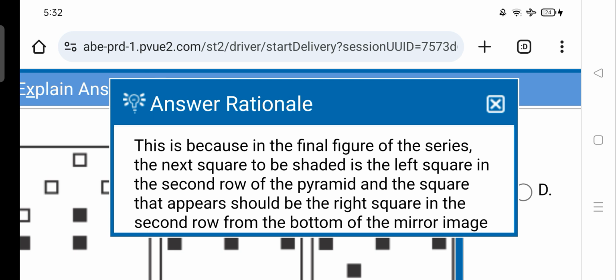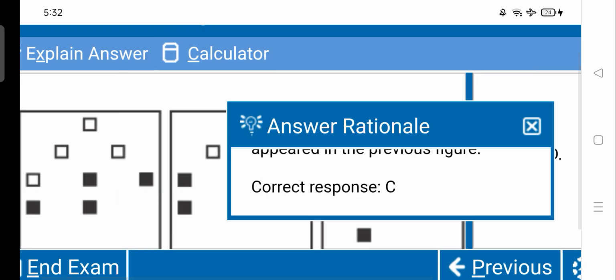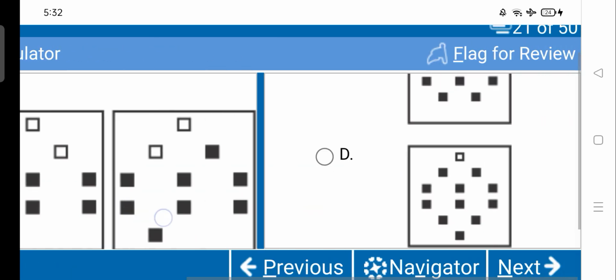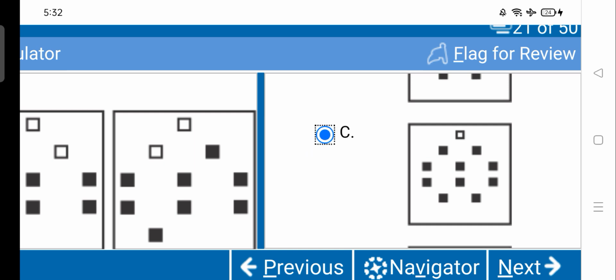And the square that appears should be the right square in the second row from the bottom of the mirror image of the pyramid. So this is the figure in option C. So that's how we can say that option C is the correct option.